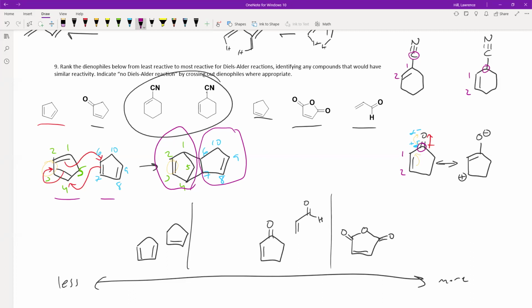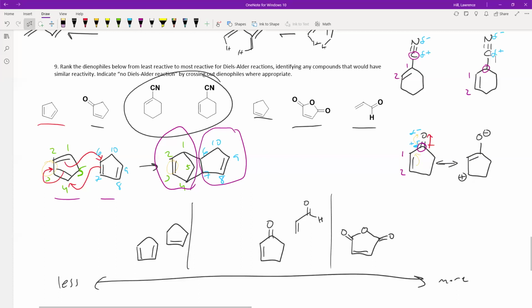Okay. That being said, where are my formal charges or my partial charges? Where are my polar bonds in this molecule? Well, the carbon-nitrogen bond is polar. It's going to put a partial negative on the nitrogen and a partial positive on the carbon. Here, the partial positive charge is right next to the alkene.